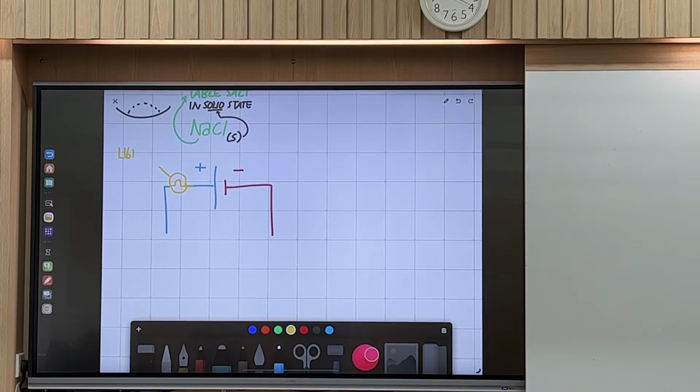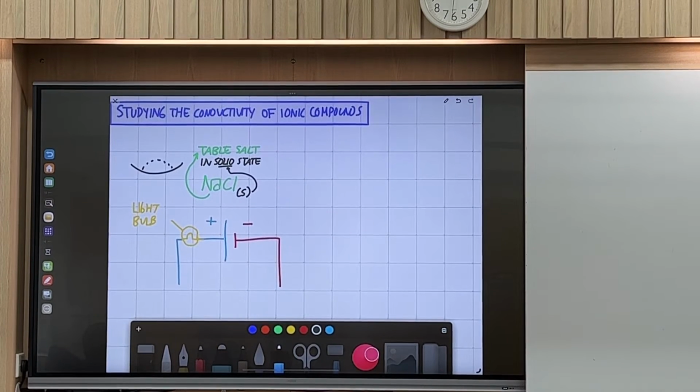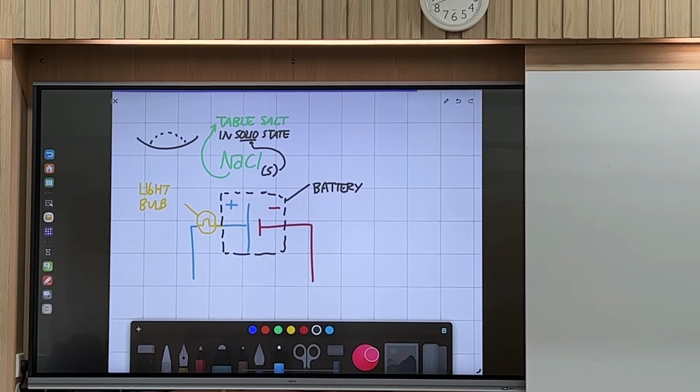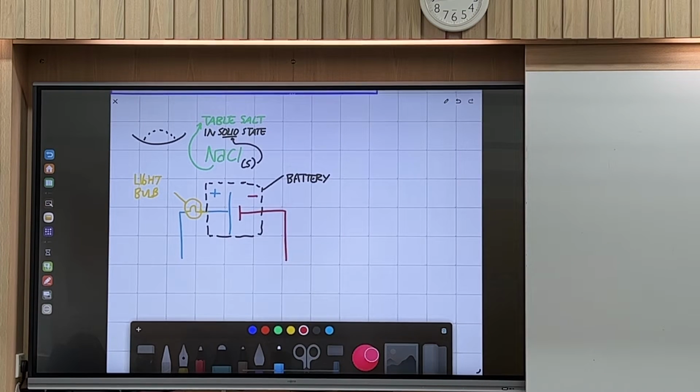Can you copy this one? You haven't been copying forever. Okay, into the substance we want to test.